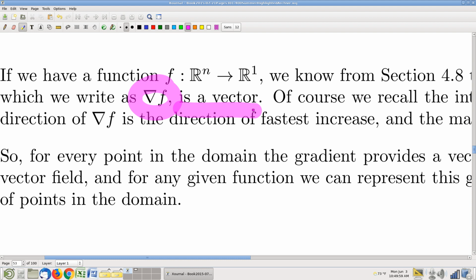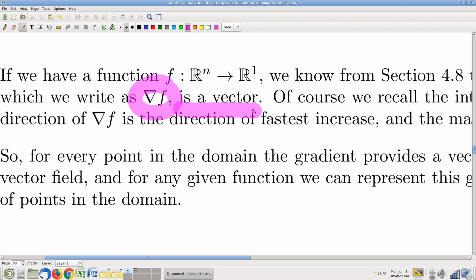Now, at the time, we were picking and sticking with a single point. This is the point where we are, and I'm not really interested in what's happening over here. So we pick a single point, and we only really thought about gradients at one point.